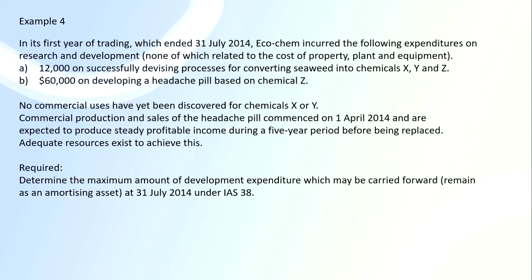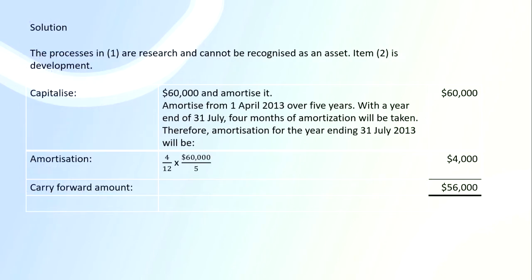So this is 4 months of amortization for this 60,000, capitalized in the statement of financial position on 1 April 2014.